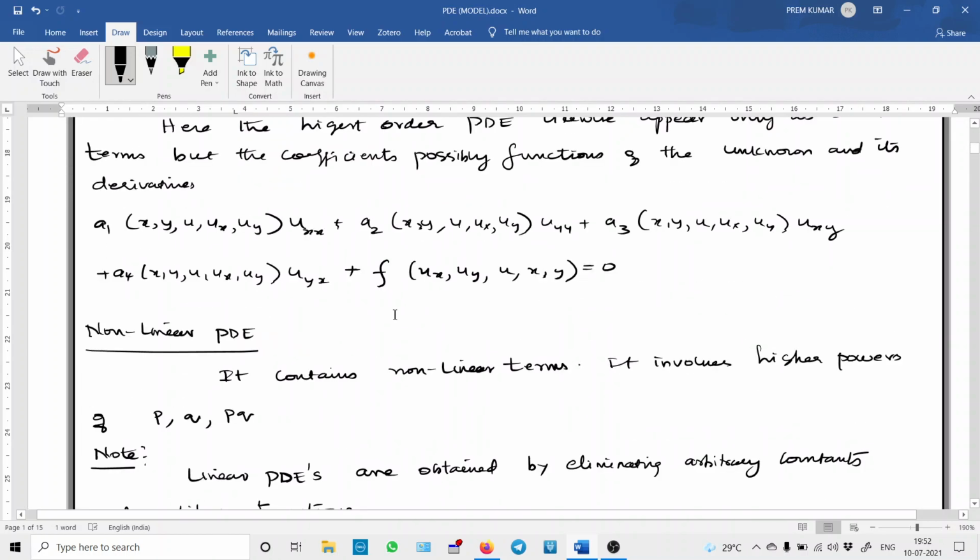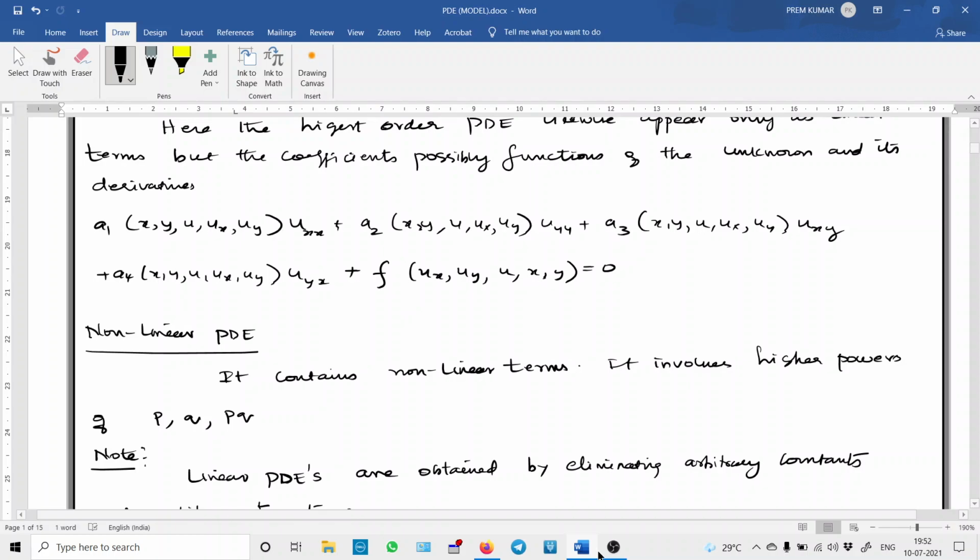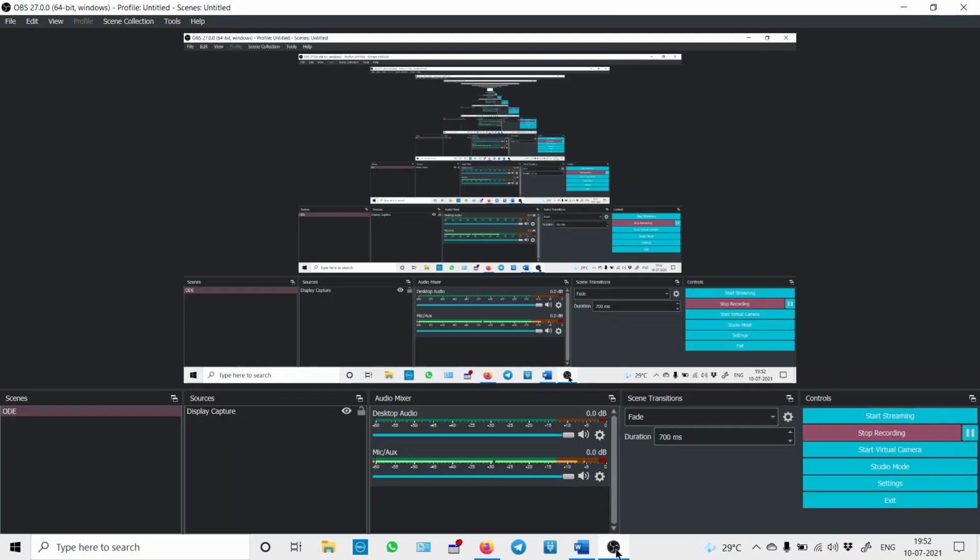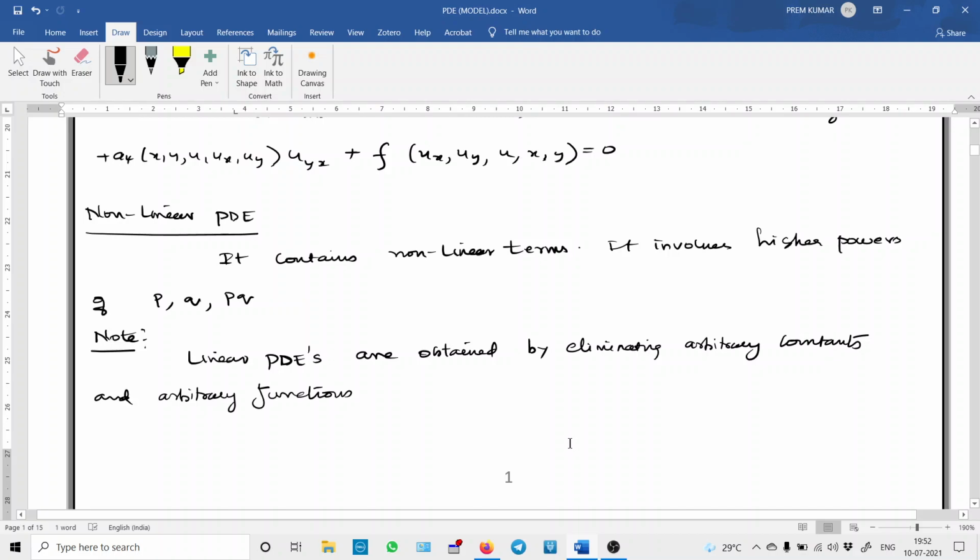Linear PDEs are obtained by eliminating arbitrary constants as well as arbitrary functions.